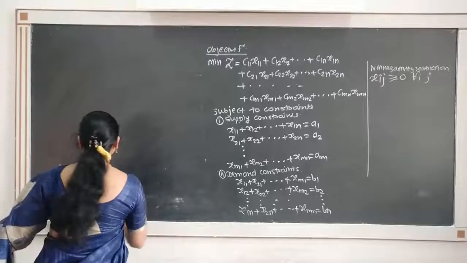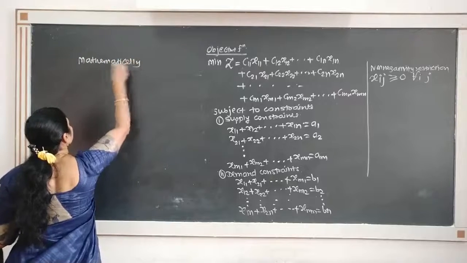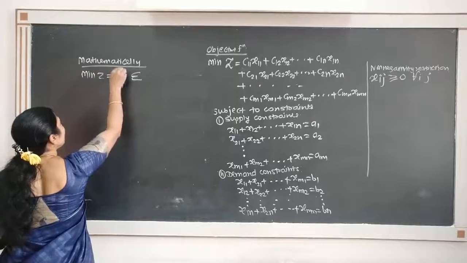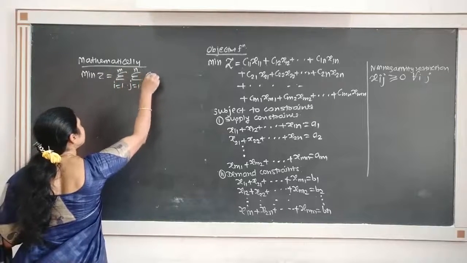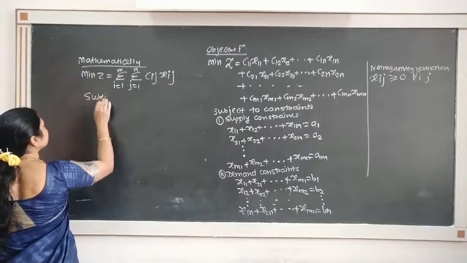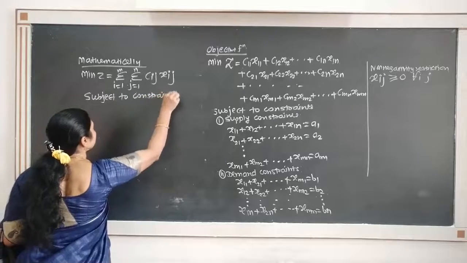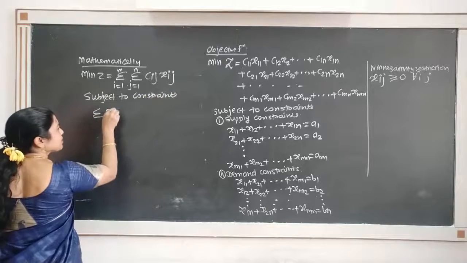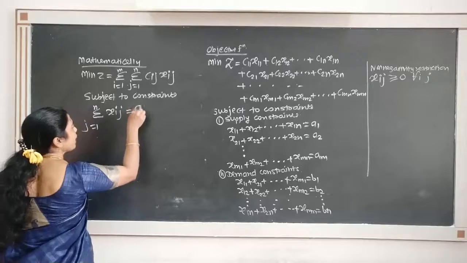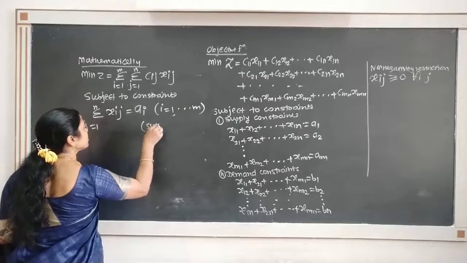So we can write it mathematically. The transportation problem becomes: minimize Z is equal to summation i is equal to 1 to m, j is equal to 1 to n, Cij Xij, subject to constraints summation Xij, j running from 1 to n, is equal to ai, i is equal to 1 to m. These are supply constraints.